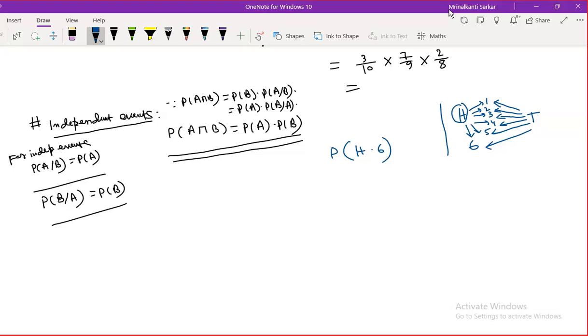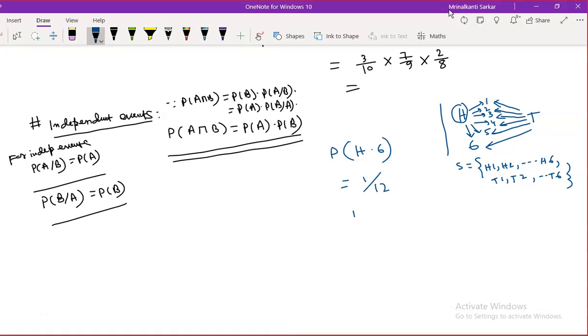So how many points will be there in the sample space? 12 points. If you write the sample space here, this is head 1, head 2, this way head 6, tail 1, tail 2 and tail 6. So 12 cases, and head 6 is just one event. So one will say that it is 1 by 12.